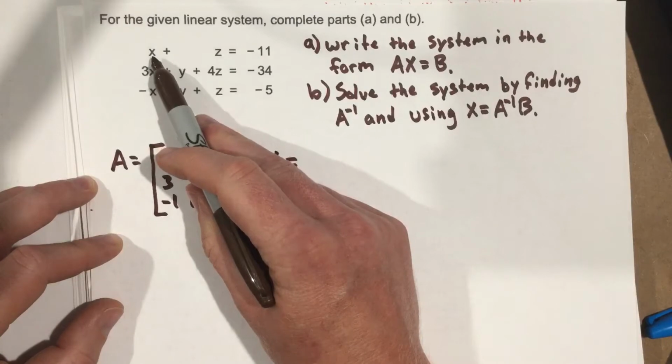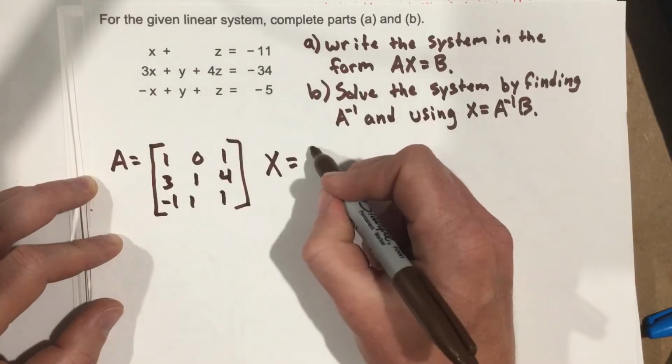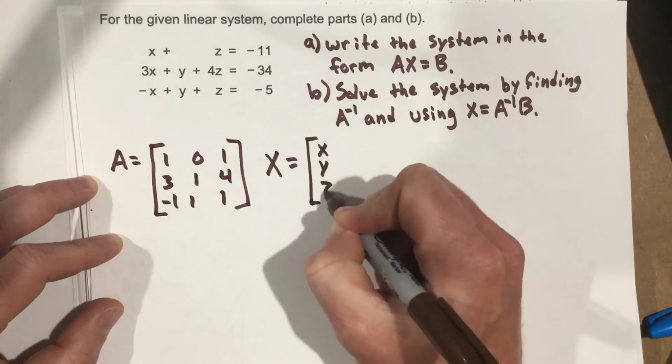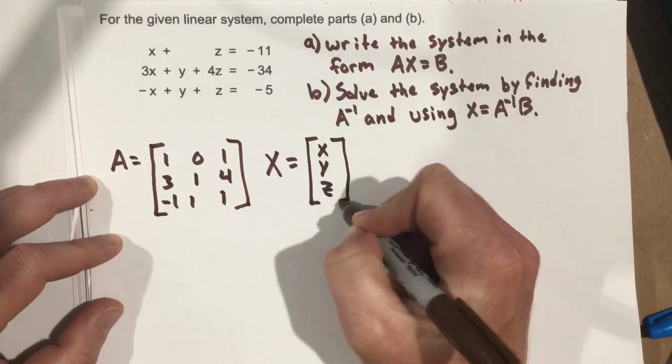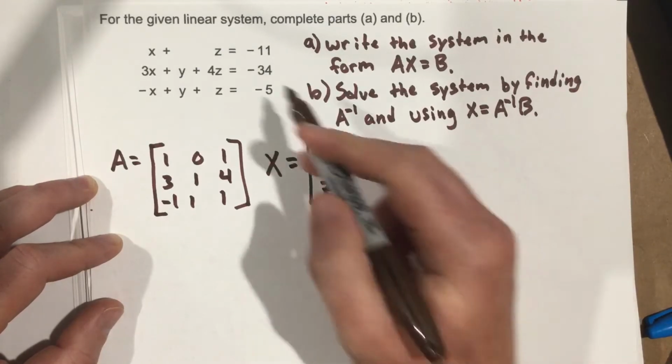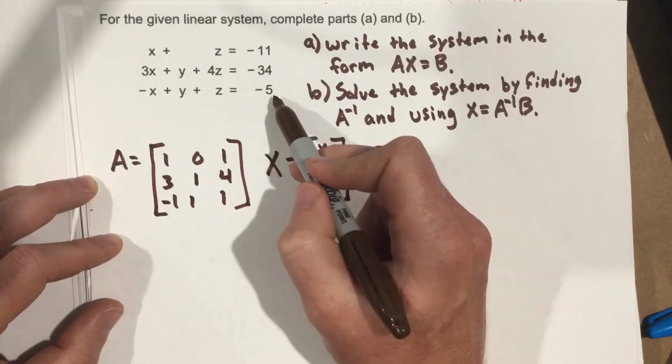I have 3 variables, x, y, and z. So I'm going to write this as x, y, z. And then B is the constant matrix, negative 11, negative 34, negative 5.